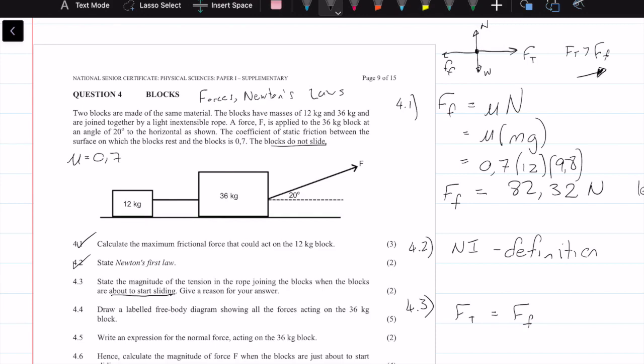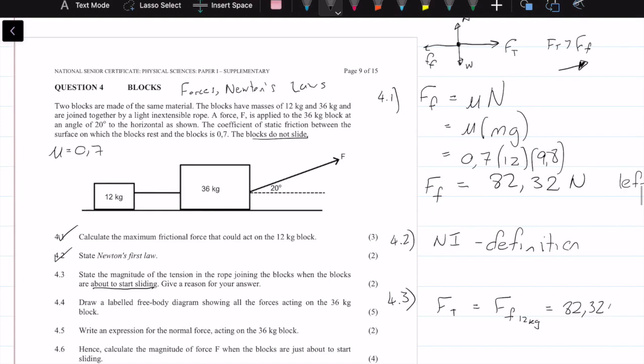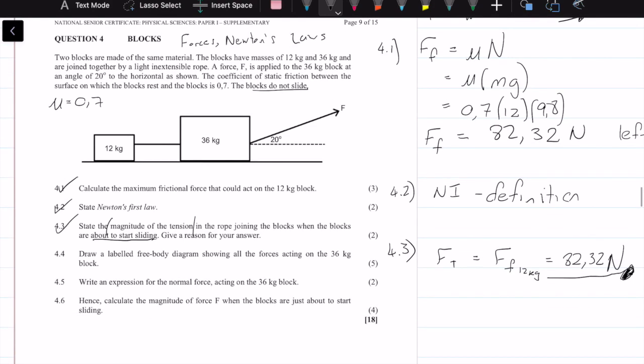So the magnitude of the tension, Ft, is equal to the force friction of the 12 kilogram block, which is 82.32 newtons. This time it says magnitude of the tension, so we don't care about the direction. And we get 2 marks.